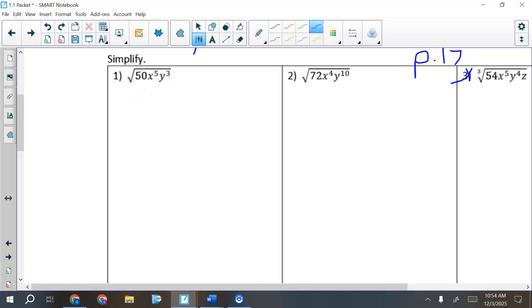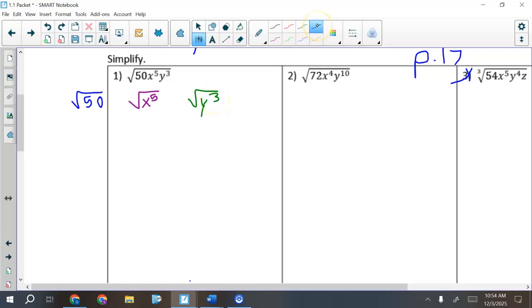So I'm just going to write that out front here, and we'll think of that separately. We have square root of x to the fifth. Let me jot that down. And then we have the square root of y to the third. So I think of it as like 3 separate problems there.